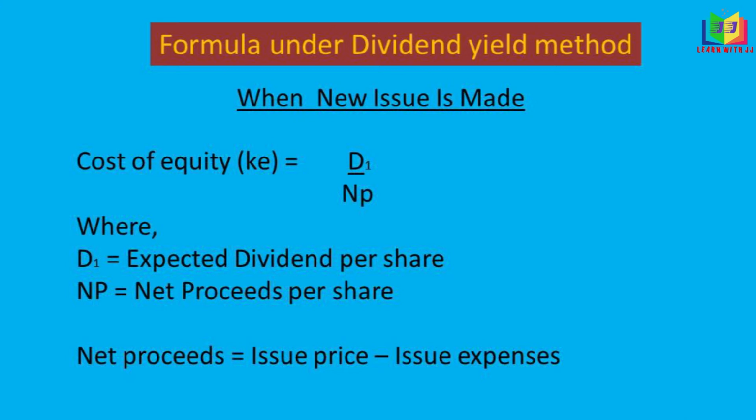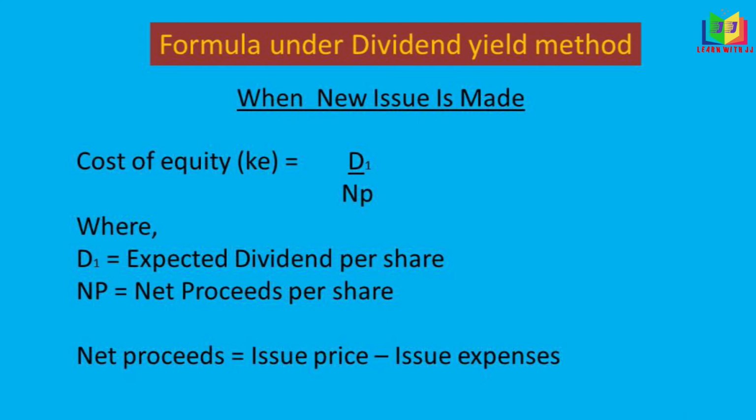D1 is nothing but expected dividend per share. Everything we have to take here per share. And NP is nothing but net proceeds per share. You already know what this net proceeds is, right? Net proceeds is nothing but issue price minus issue expenses. You know how to calculate this issue price.